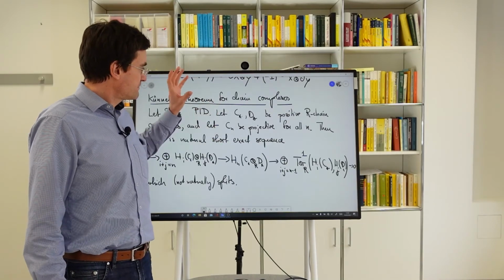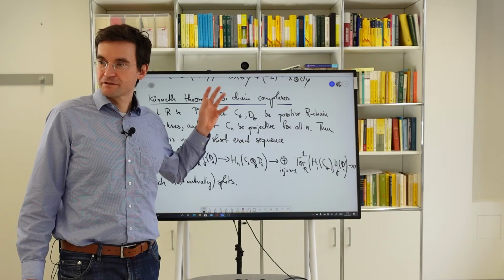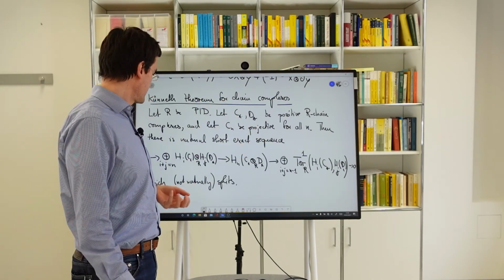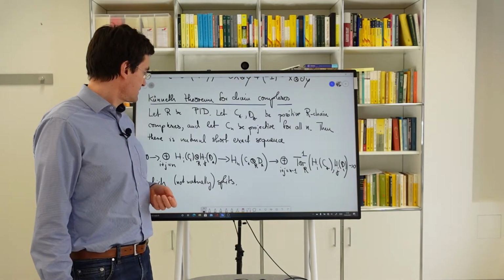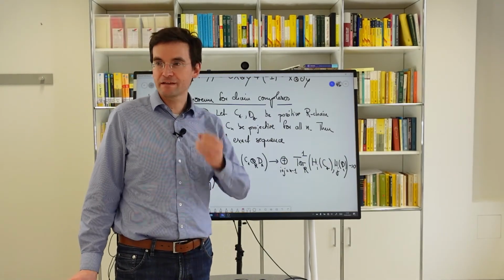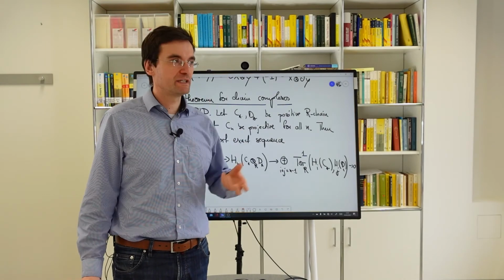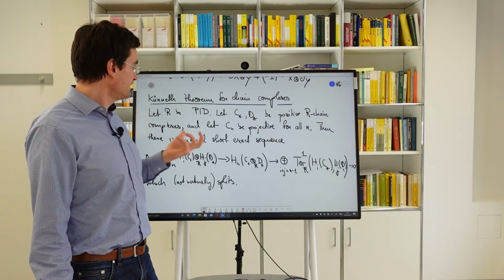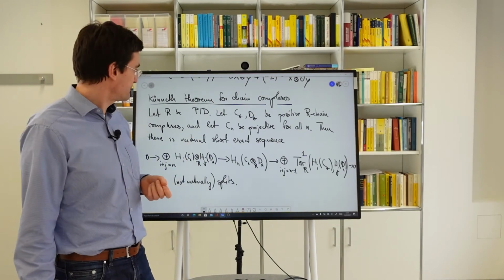This theorem looks very similar to the universal coefficient theorem that we discussed before. And indeed, if one of these chain complexes just consists, say, of one module in degree 0, then it is just the previous theorem.